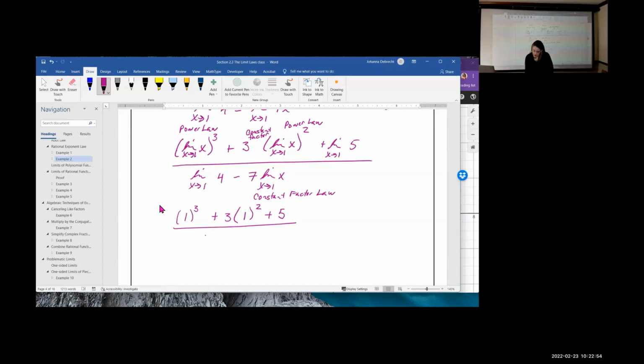The limit of a constant is the constant. Then I've got minus 7 times the limit as x goes to 1 of the identity function. So that's going to be a 1. And that's going to give me 1 plus 3 plus 5 over 4 minus 7, which is going to be 9 over -3, which is -3. All right.